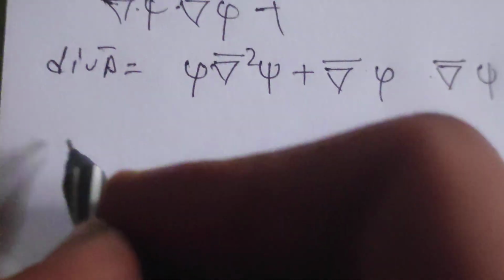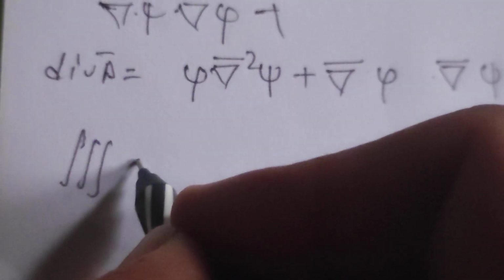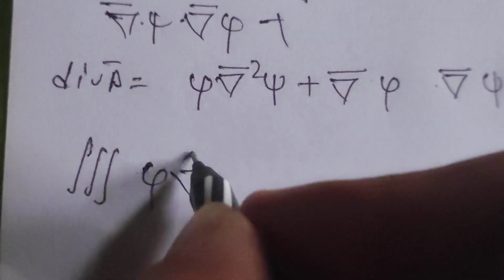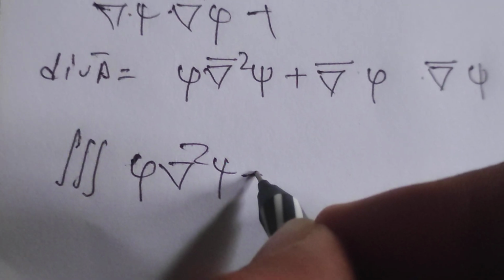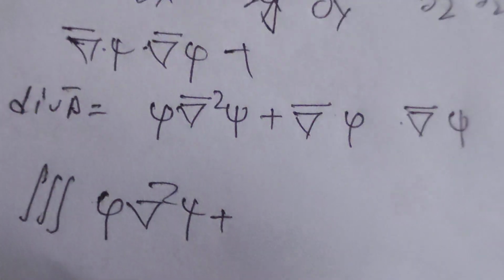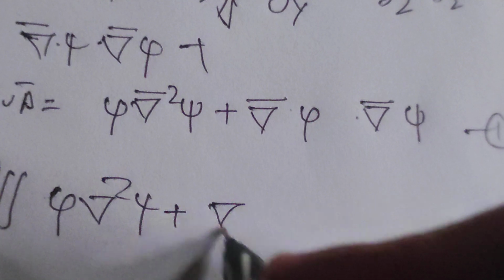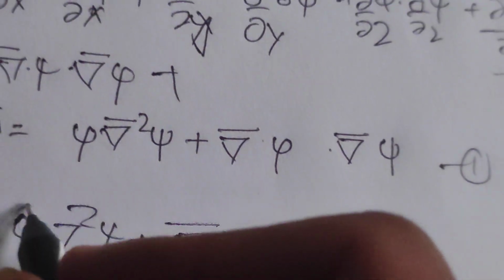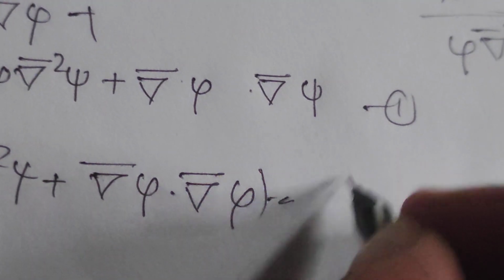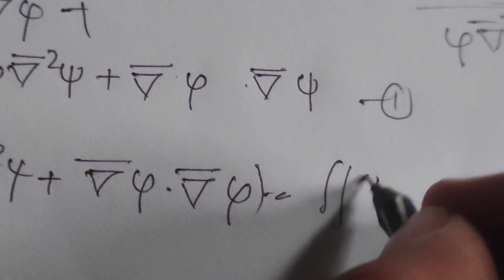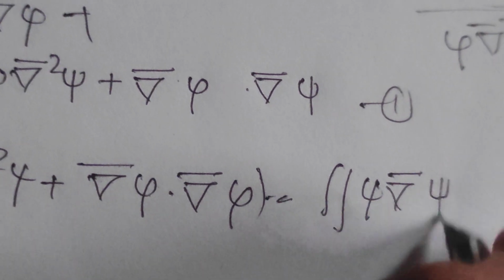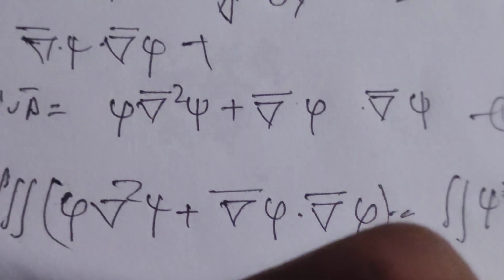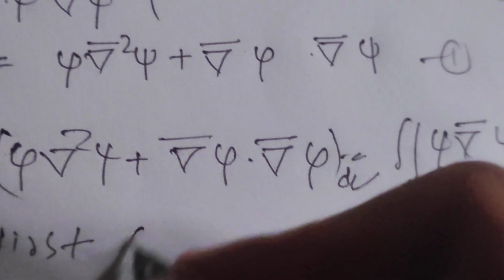Our equation 1 is the triple integral of divergence of A, that is phi Laplacian psi plus gradient phi dot gradient psi, which is equal to the surface integral of A, which is phi gradient psi dot ds, and here it is dv. So this is the first form of Green's theorem.